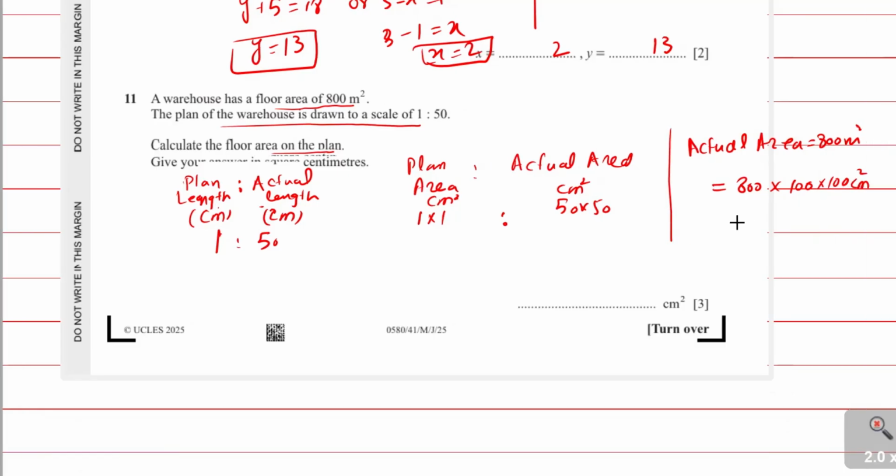And this value we can write 8,000, and we have to calculate floor area on the plan.